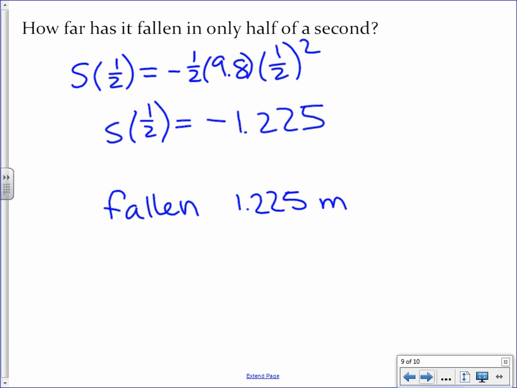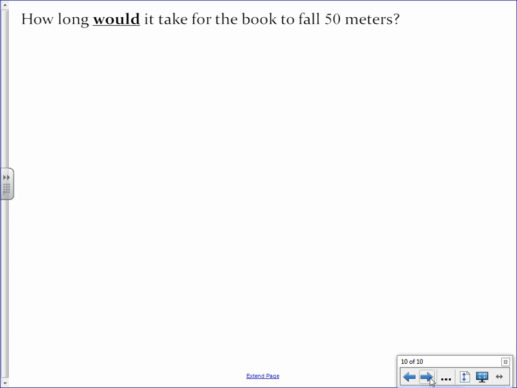Let me make you think a little bit more. How long would it take for the book to fall 50 meters if there were 50 meters available? You set the position equation equal to negative 50, because we're falling. So we want our position to be negative 50.